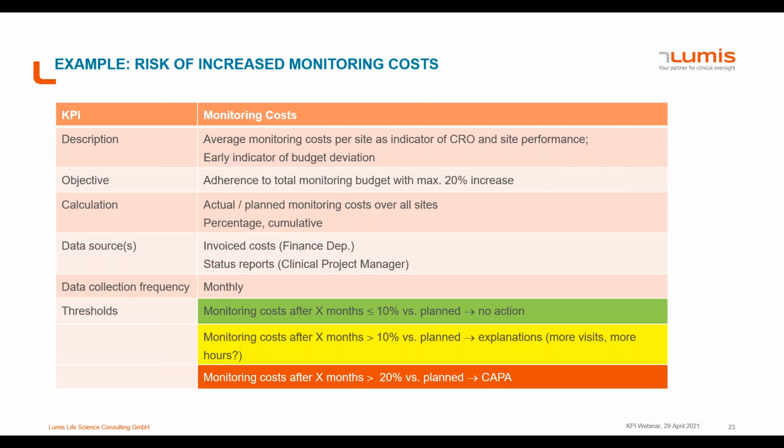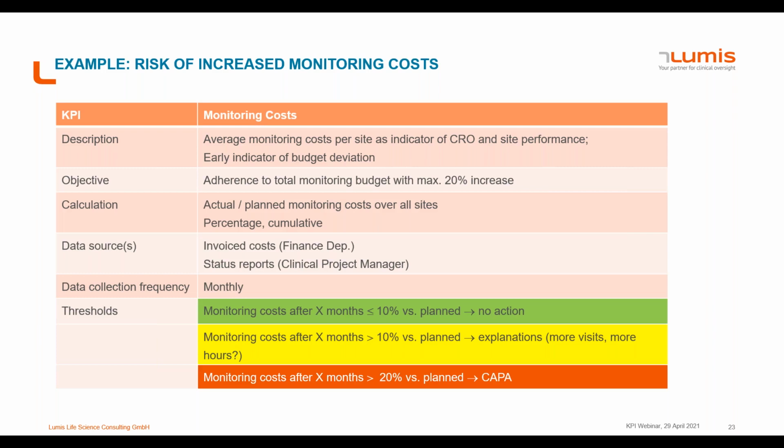But moreover, it gives us also an early indication of budget deviations to be expected for the entire trial. Our objective here is, of course, to stay with the planned budget. And many experienced clinical trial performers calculate with a maximum increase of 20%.